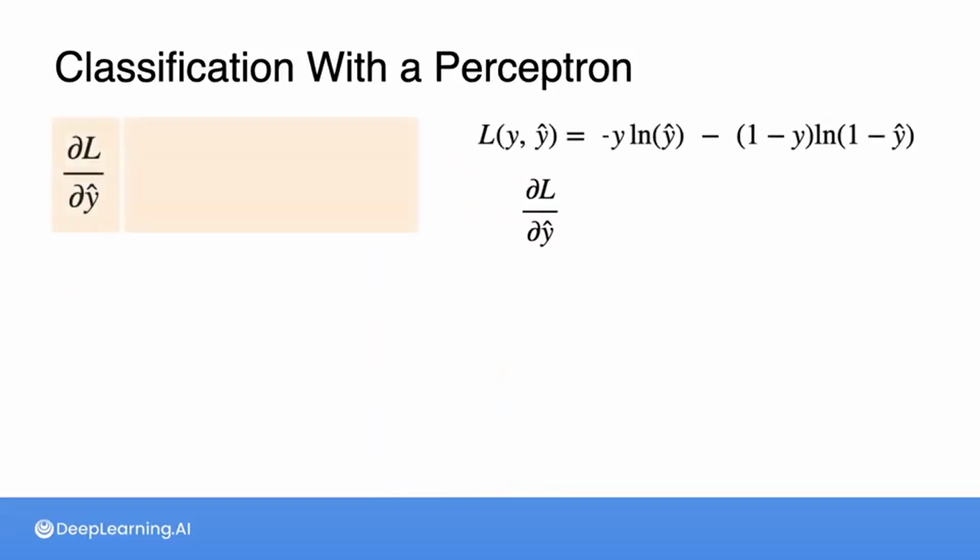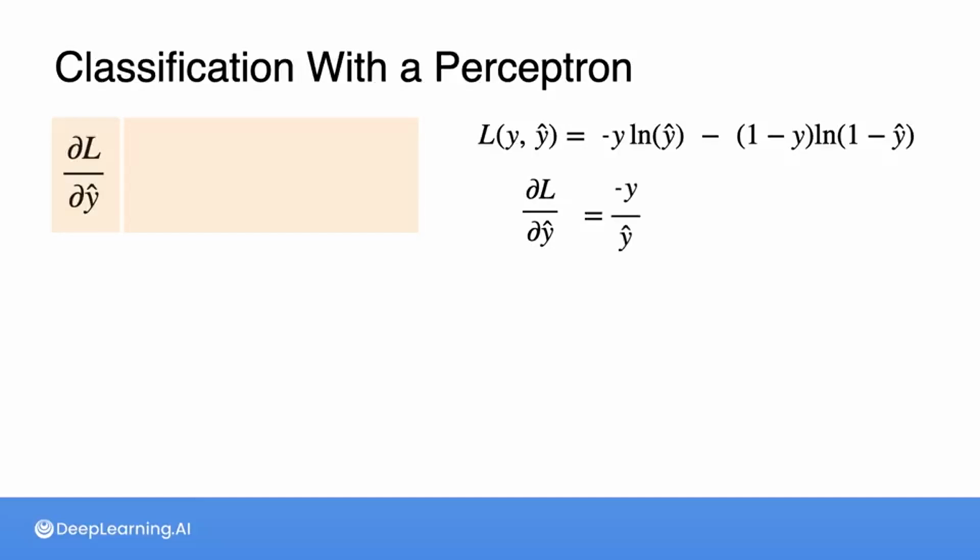So let's start calculating things. First, let's do ∂L/∂ŷ, the one that appears most often. Notice that the logarithm of ŷ has as derivative 1 over ŷ, and negative y is simply a constant with respect to ŷ.